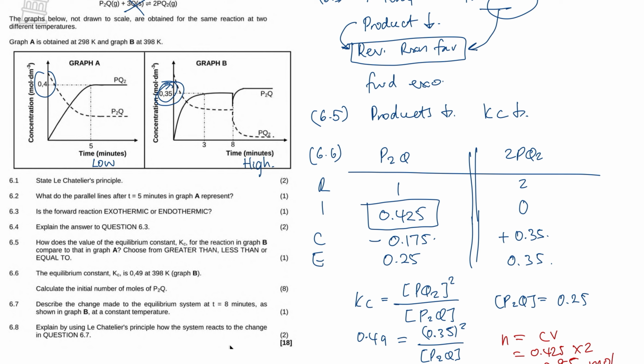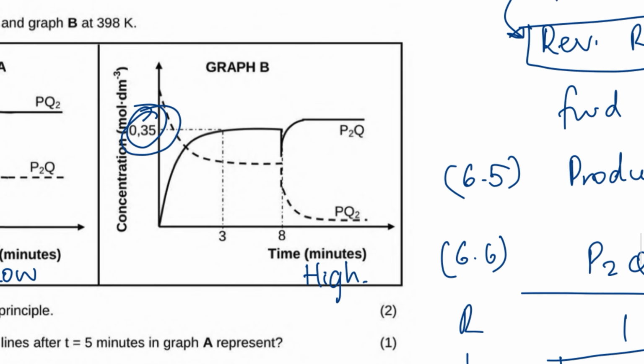Question 6.7, describe the change made in the equilibrium system at T8 as shown in graph B at constant temperature. What's going on here is I can see that for both the graphs, there was a decrease in the concentration. So it's not going to be that something was removed.